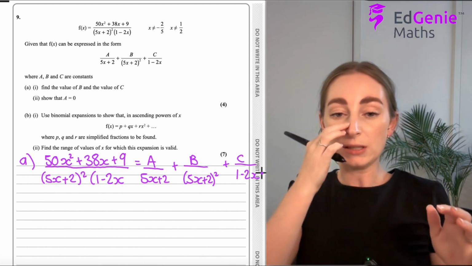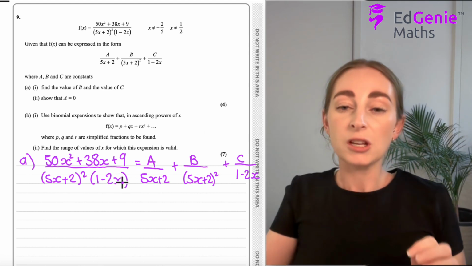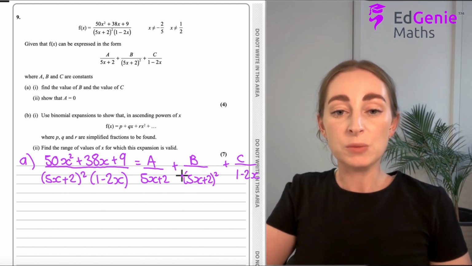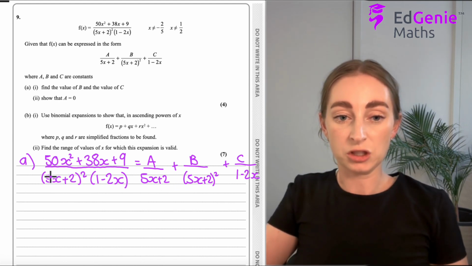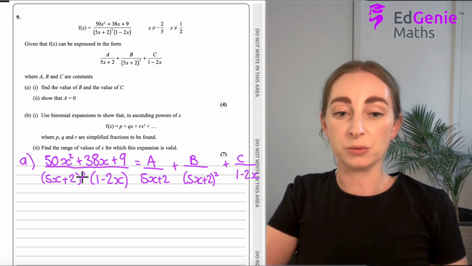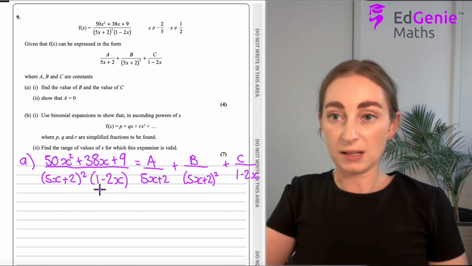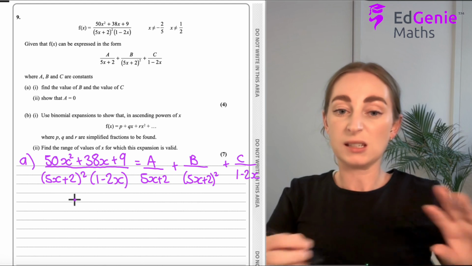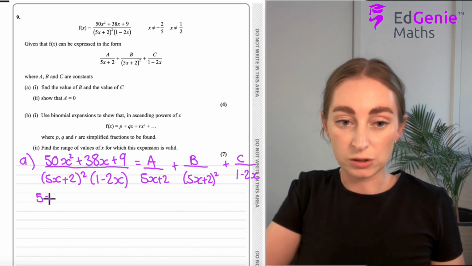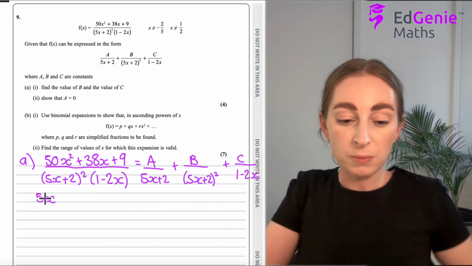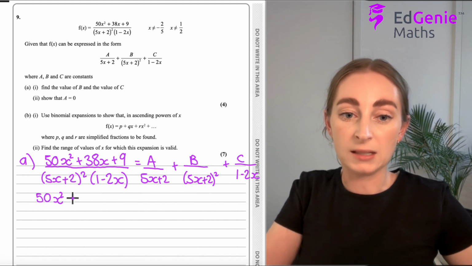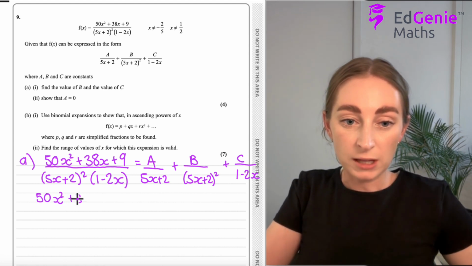Okay, so to get rid of the denominator, we want to multiply both sides of the equation by 5x plus 2 all squared, 1 minus 2x, and that will make it so that none of them are fractions and it's all going to be very simple for us to solve. So if we multiply the left-hand side by 5x plus 2 squared, 1 minus 2x, we are going to be left with just the numerator.